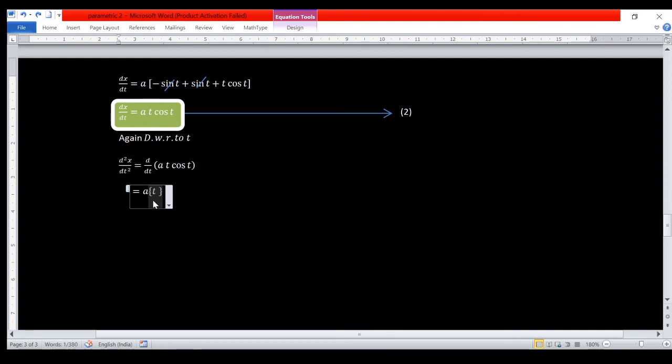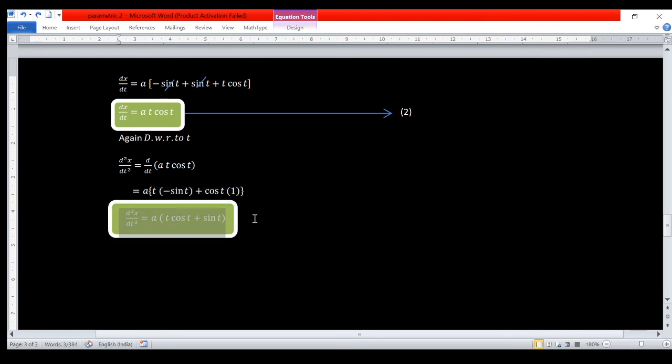So t cos t, product of two functions. Keep t, differentiate cos t to get minus sin t, plus keep cos t, differentiate t to get 1. So simplify this, and we get d²x/dt² is equal to a times (t cos t + sin t).